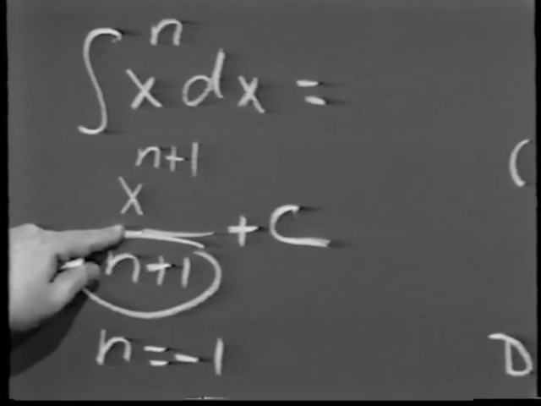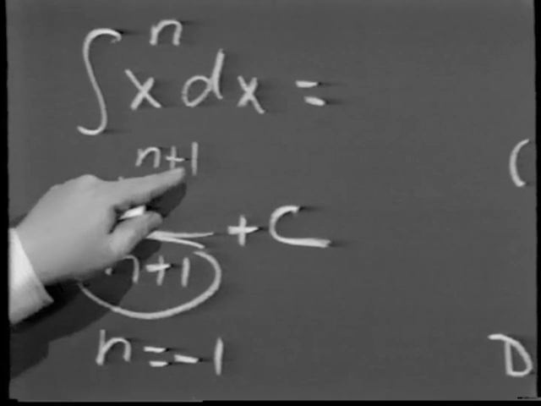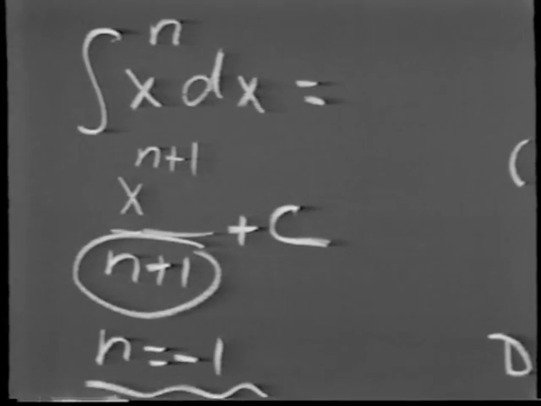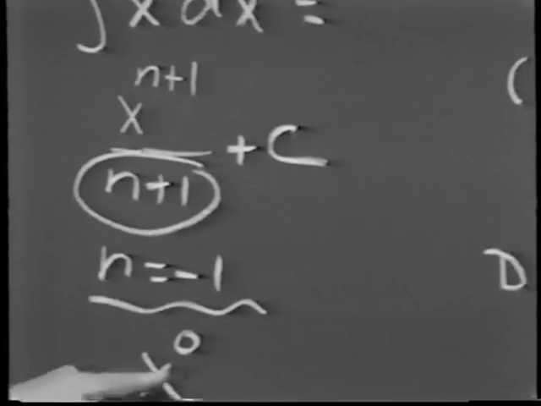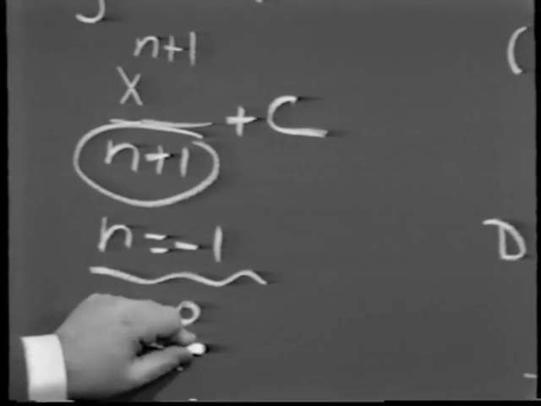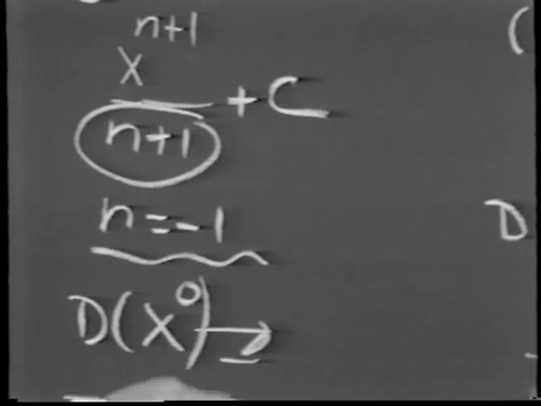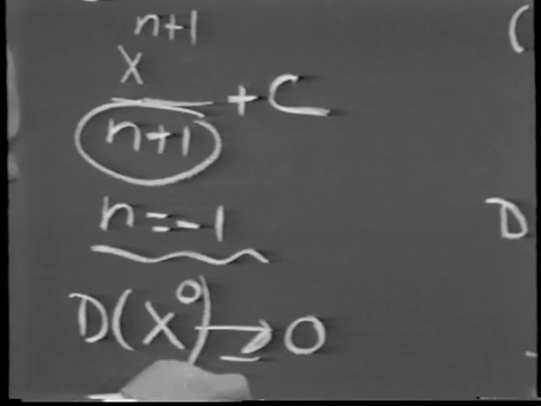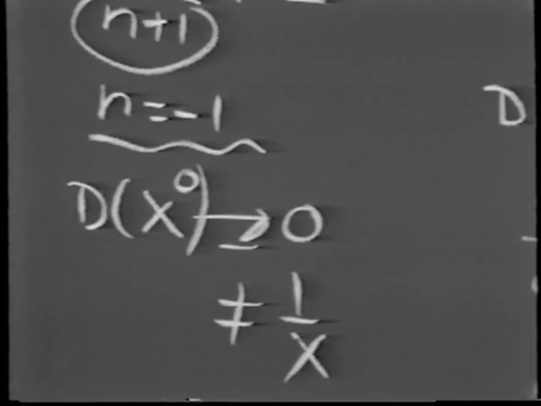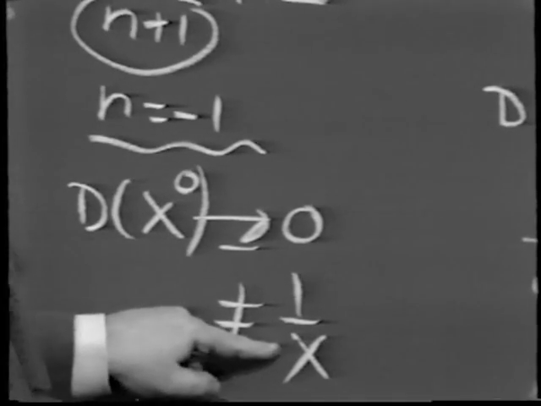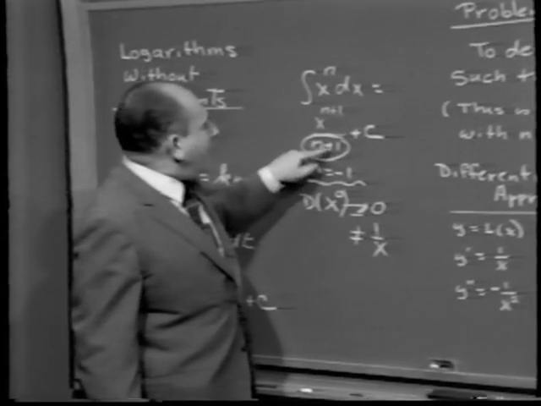To wind up with an exponent of minus 1, we would have had to start with an exponent of 0. But when you differentiate x to the 0, that being a constant, the derivative is 0, not 1 over x.